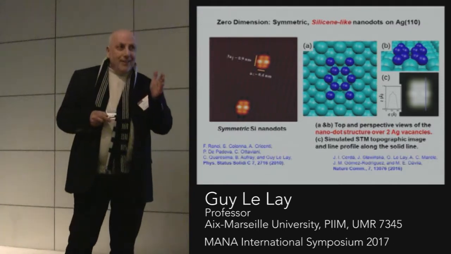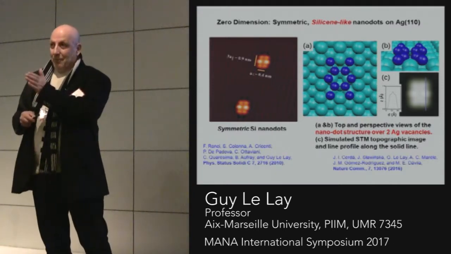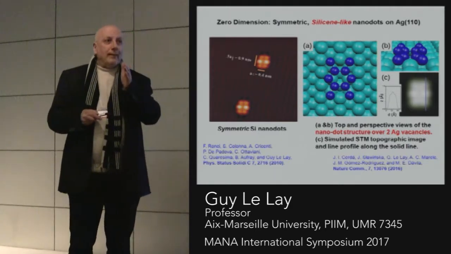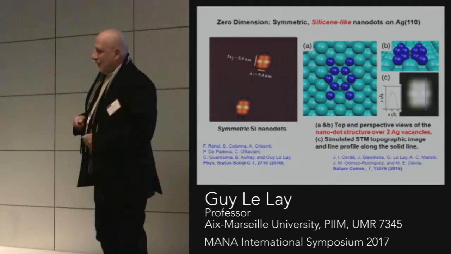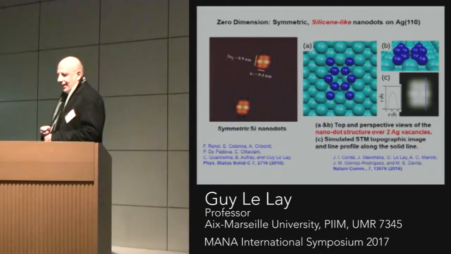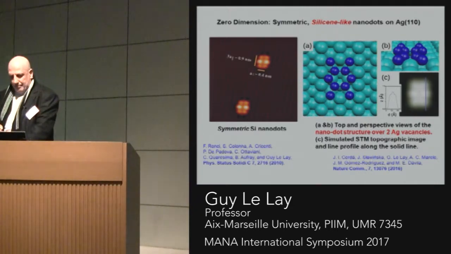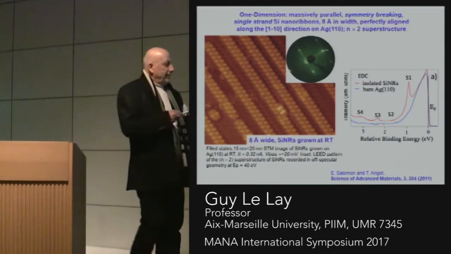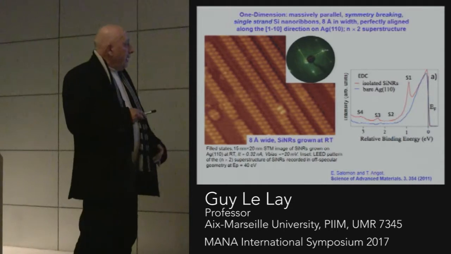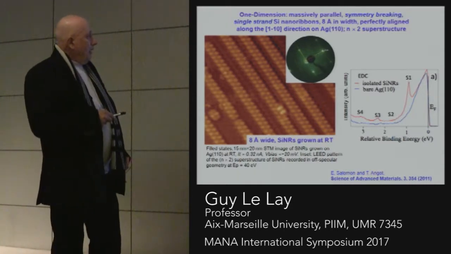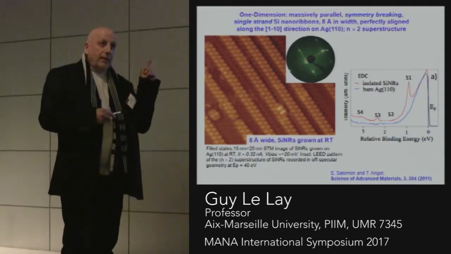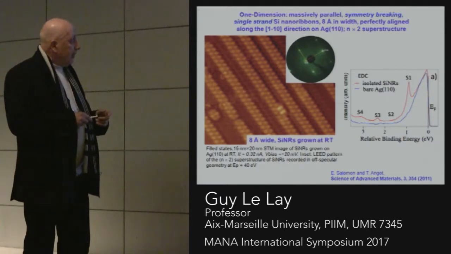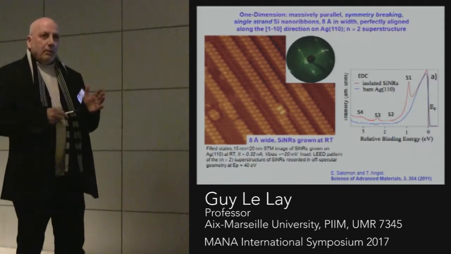But if you look at gold or platinum, for example, 1,1,0 surfaces, they are reconstructed 2 by 1 with a missing row. Okay, and this is the trend here. It continues with one-dimensional objects, which are nanoribbons, which, at variance with the nanodots that were symmetric, break the symmetry.